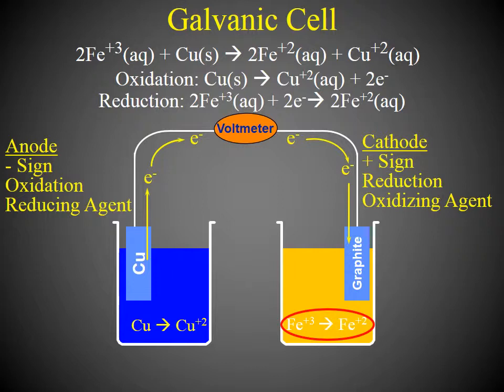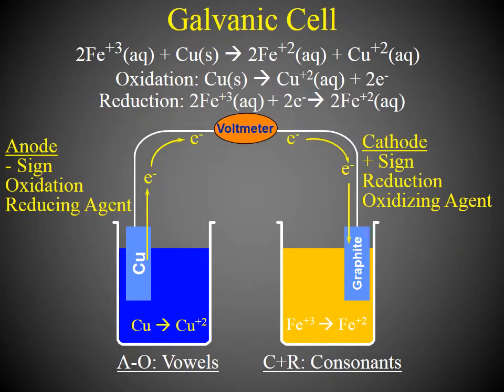It's doing nothing else but carrying electrons into solution so the reduction can take place. Now, a way to easily remember that anode is associated with oxidation and cathode is associated with reduction is just to notice that anode and oxidation start with vowels, and cathode and reduction start with consonants.